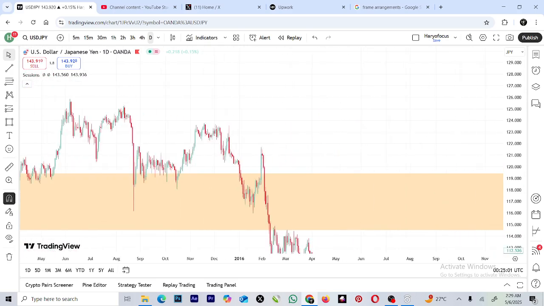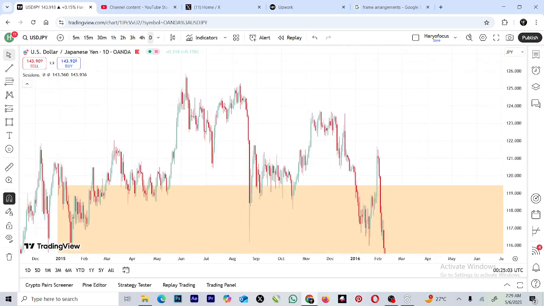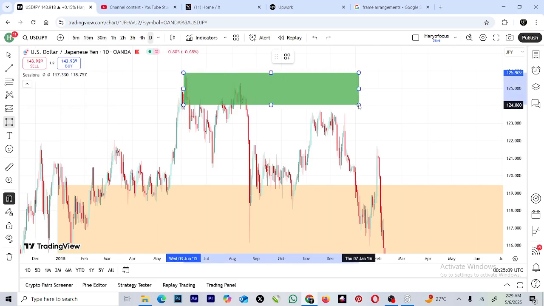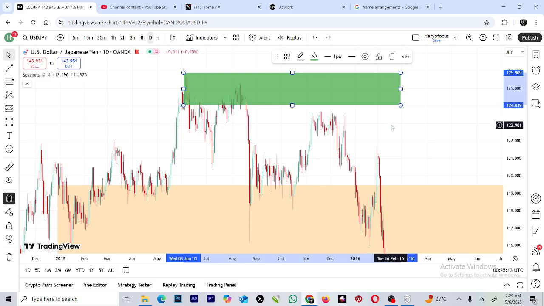So here is our resistance, and always remember definition for resistance, which I said: resistance is the place where sellers are ready to sell market. Sellers are fully ready to go into market and sell it.